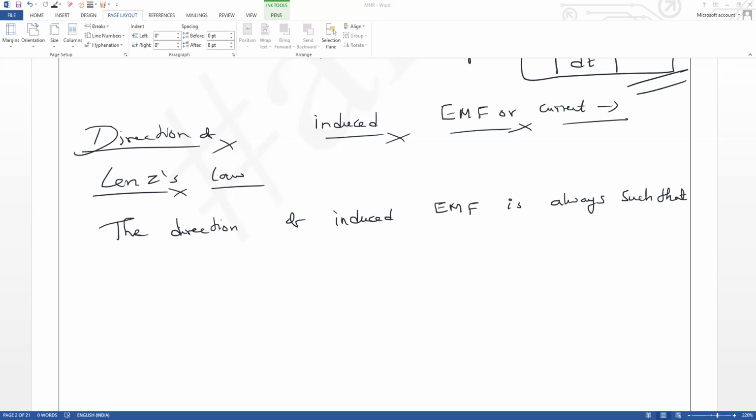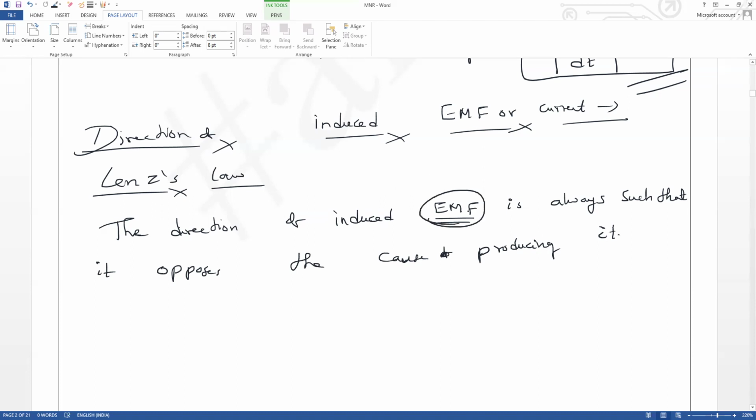Okay, now write the definition. I'll explain, you listen. The direction of induced EMF is always such that it opposes the cause producing it. Meaning whatever is responsible for producing the EMF, the direction of the EMF is opposite to it.